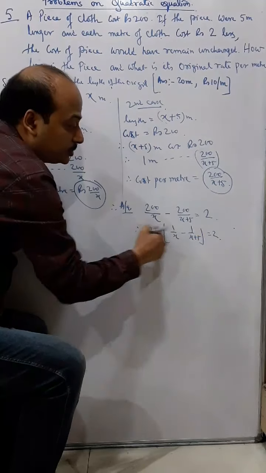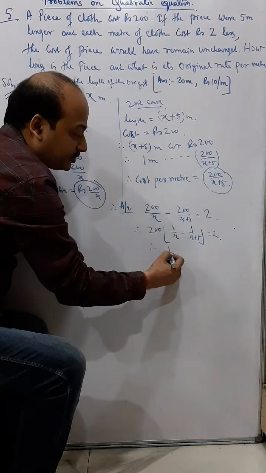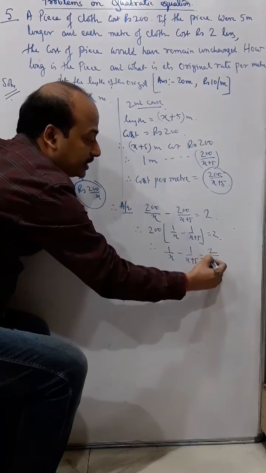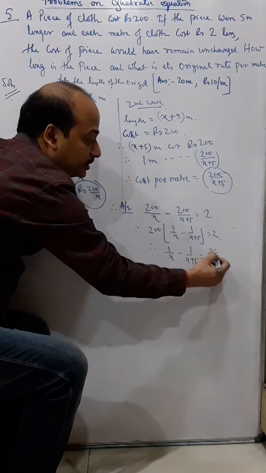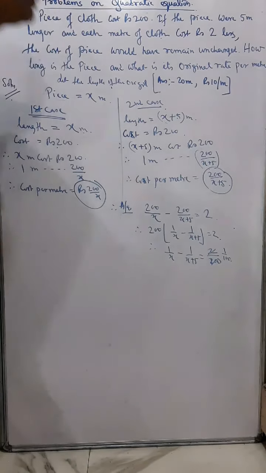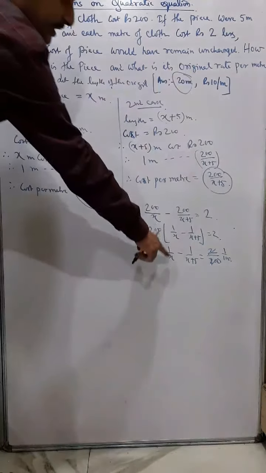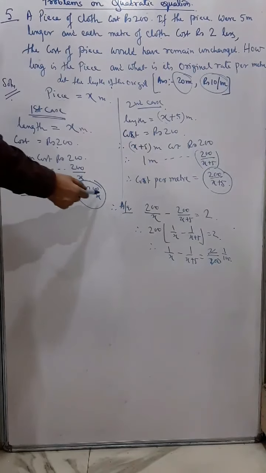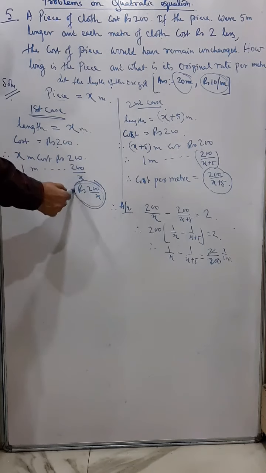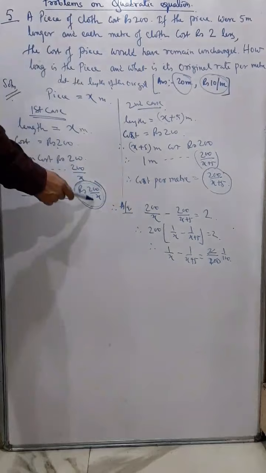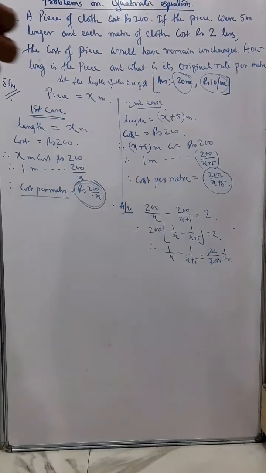Taking 2 to the other side, with 200, we get 1 by x minus 1 by x plus 5 equals 2 by 200, which is 1 by 100, and then you can proceed forward and find this. So in the first case you get 20 meters, that's the answer, x. And the cost per meter means the original cost per meter, so you have to find this. So x is your first answer and 200 by x is your second answer. Okay.